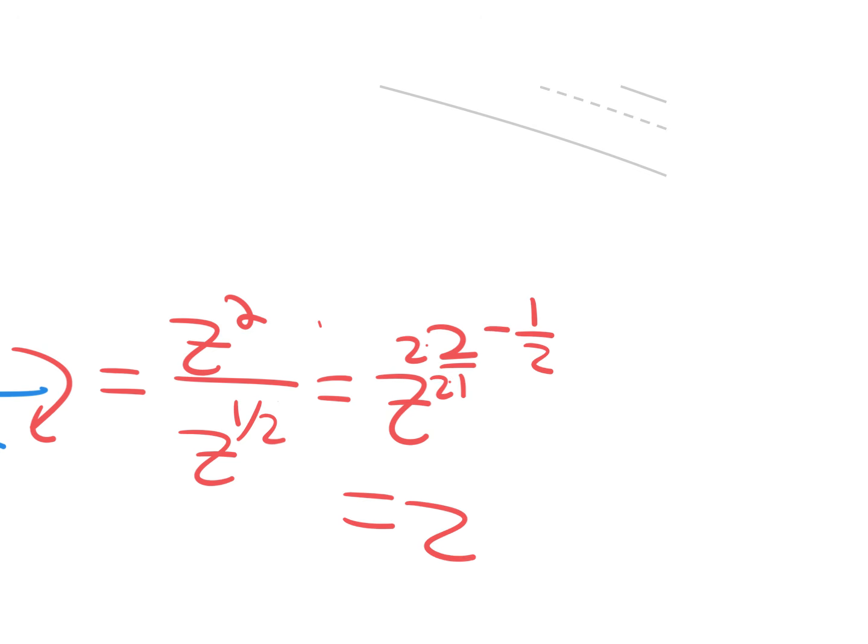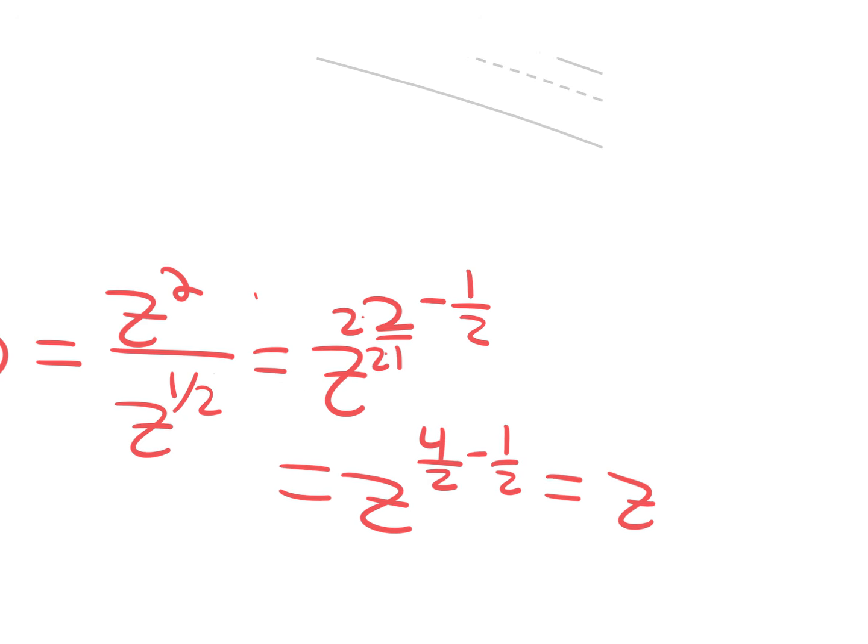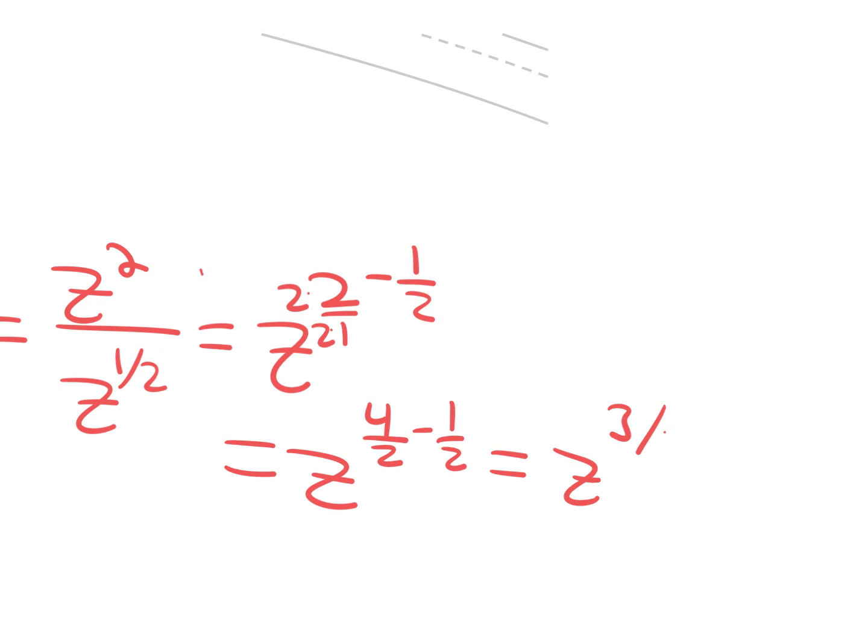So this is going to get us z to the 4 over 2 minus 1 over 2, which is z to the 3 over 2. If it's a variable, you can leave it with the fraction and the exponent. I don't need you to change it to the radical. Only if it's a number, just because if it's a number, there's a high chance that it does simplify. So if it was a number, I would want you to simplify it all the way. If it's a variable, you can leave it with an exponent as a simplified fraction.